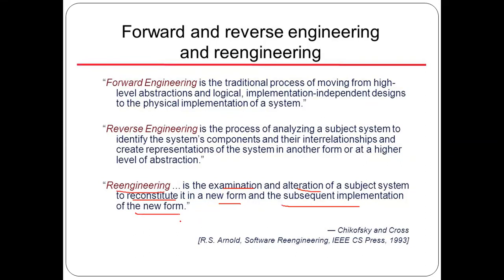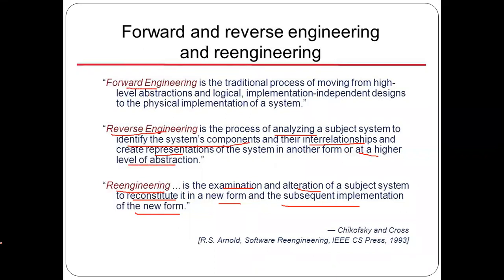That means we are analyzing and modifying the existing system to make it more maintainable and for many other reasons. What is reverse engineering? It is the process of analyzing a subject system, identifying the software system's components and the relationships among them, and creating representations at a higher level of abstraction.